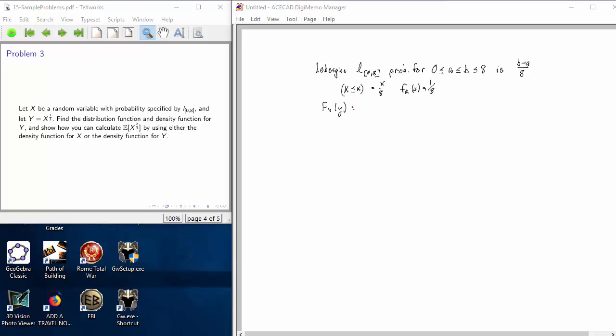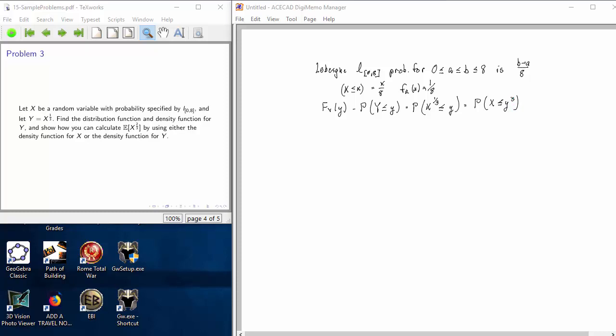To get the distribution function, I say, by that I mean the probability that capital Y is less than or equal to little y, or if you prefer, the probability that the cube root of x is less than or equal to some real number y, which is in turn just the probability that x itself is less than or equal to y cubed.